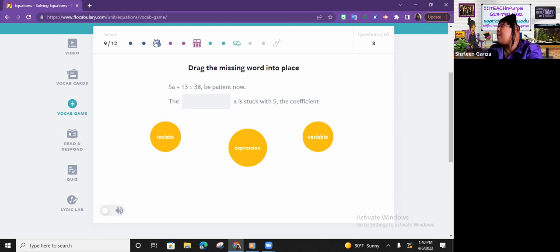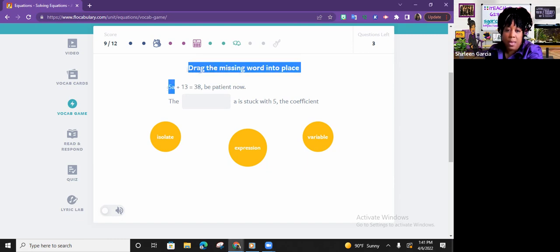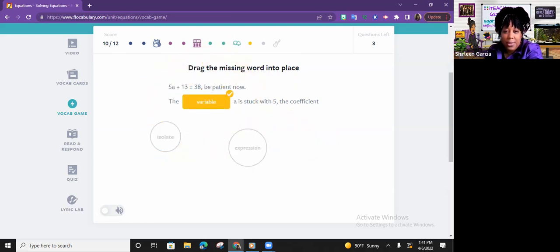The a is right here. Oh, it won't let me annotate. The a is right here. What is the a? Yes, the variable. Good job. All right, 2 more.